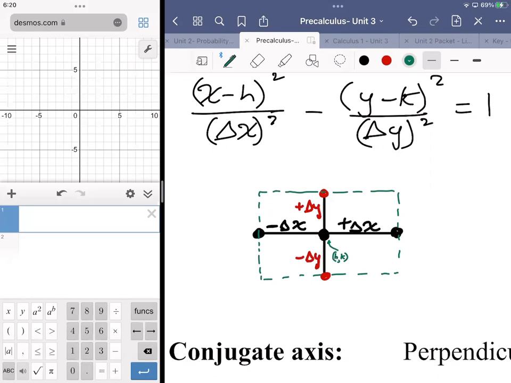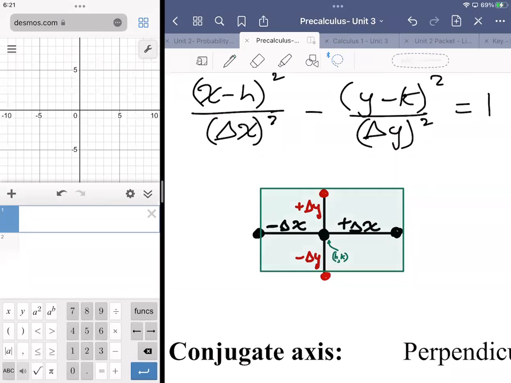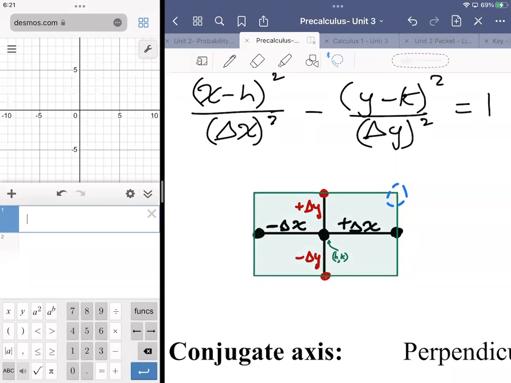So we create a rectangle surrounding these points. Let me try to do that a little bit nicer. Close enough. And then let me make it dashed, at least the best I can.